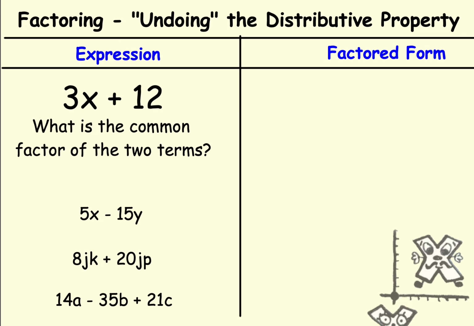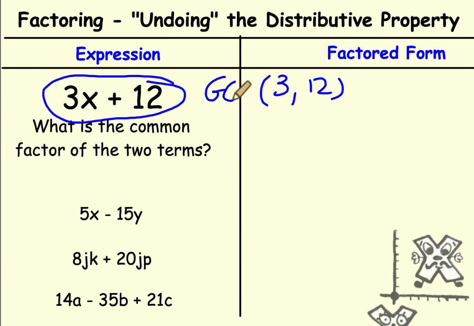And this keeps getting used again and again in math. So when we're looking at the term 3x and 12 in this expression, I'm thinking about the numbers 3 and 12. What is their GCF? Well, the biggest number that divides 3 and 12 is 3. And so that's what I'm going to undistribute from them.